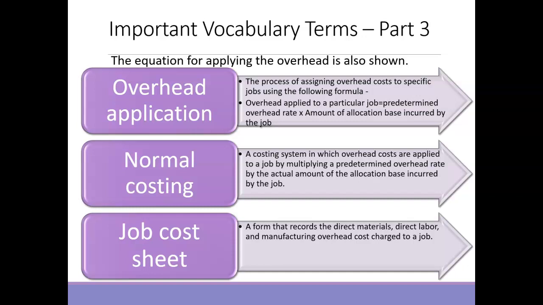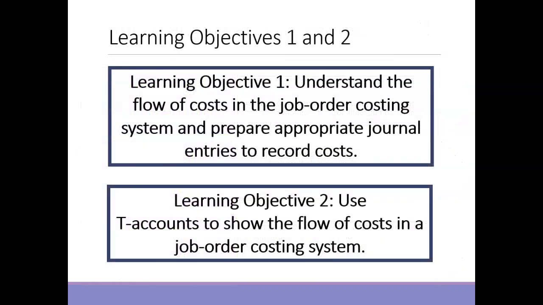This is a costing system where the overhead costs are applied to a job by multiplying a predetermined overhead rate by the actual amount of that job. And then we know a job cost sheet is that form we use that assigns the direct materials, the direct labor, and the manufacturing overhead to jobs. Okay? So we're moving on.